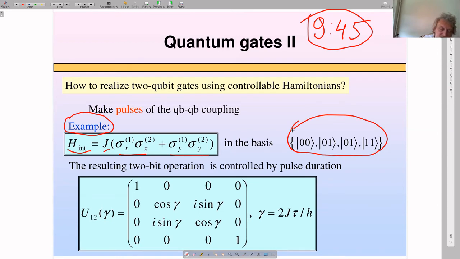Well, to figure out what will happen, one has to write it as a matrix in 4x4 space, and then consider the change of the wave function when you apply a pulse of J in this form.